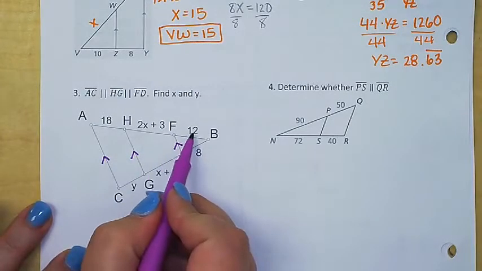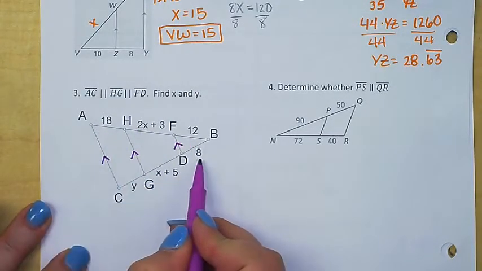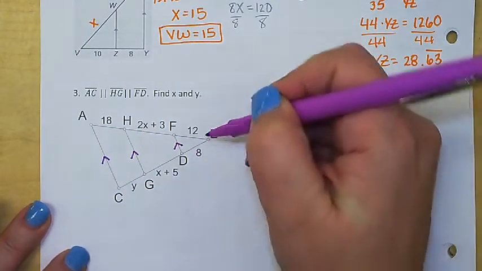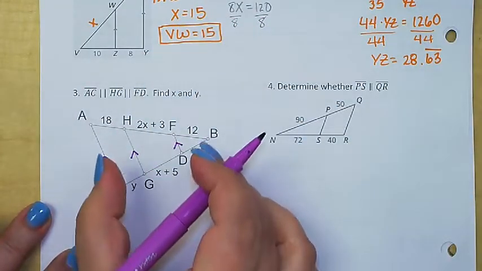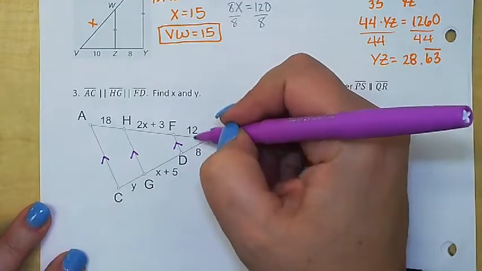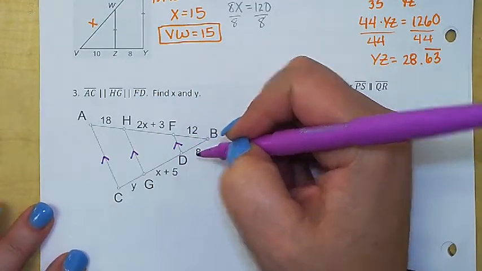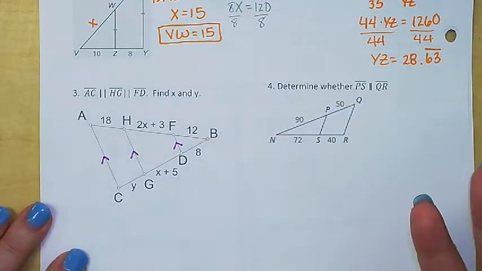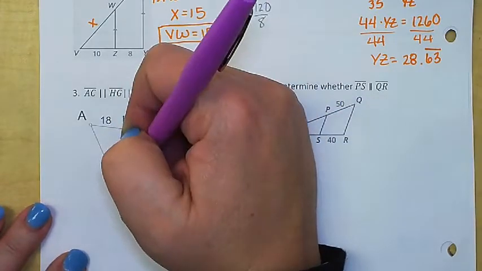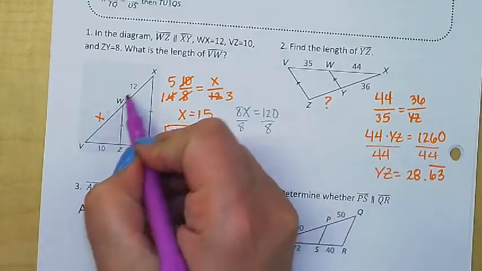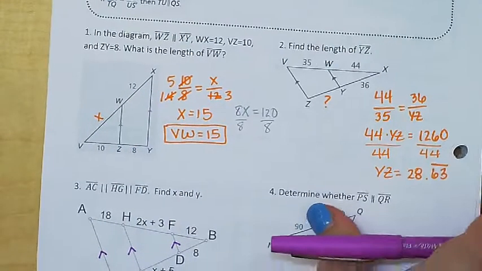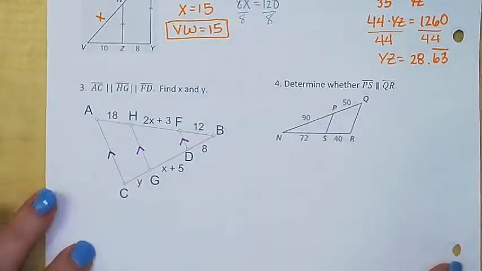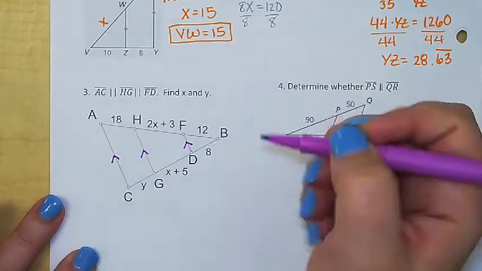So you could either do 12 over 18 is 8 over Y. You could do 12 over 8 is 18 over Y. Essentially, it's very flexible as long as whatever logic you used to set up your first ratio, you use the same logic as the other one. So on these, we went sort of side to side, and did the 10 and the 8, x to 12. So maybe let's mix it up a little bit here, and you'll see you'll still get the same answer. Maybe we'll go from one side to the other.